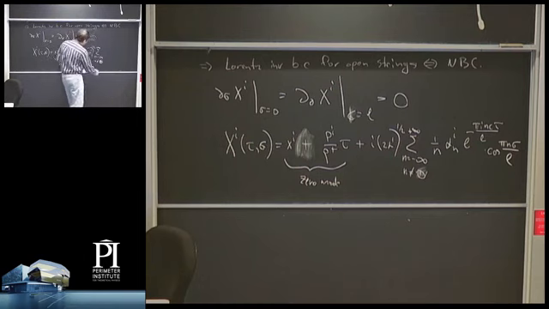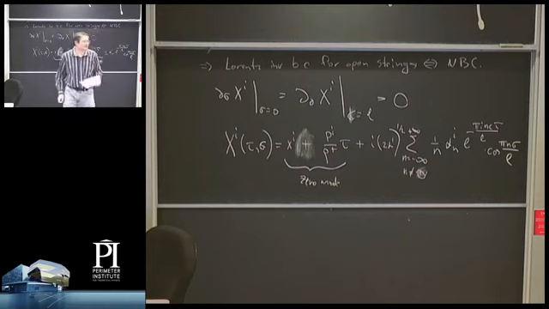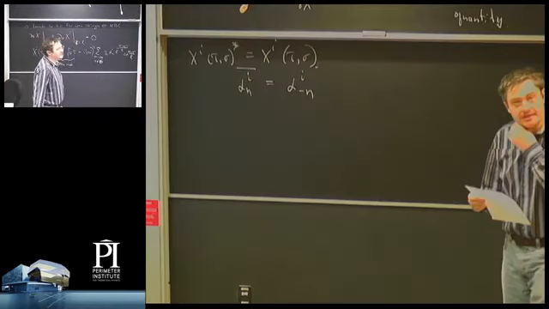And then I have a summation of all harmonics except for the 0 mode: 1 over n, alpha n I, e to the minus pi i n c tau over L times cosine of pi n sigma over L. So you can see that cosine of pi sigma n over L are a complete set of functions that satisfy the Neumann boundary condition at the ends.